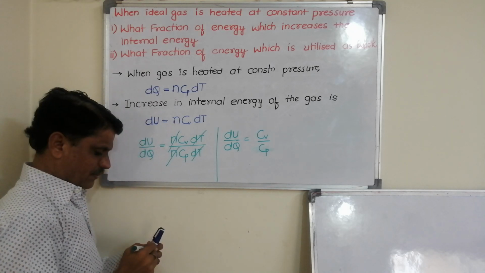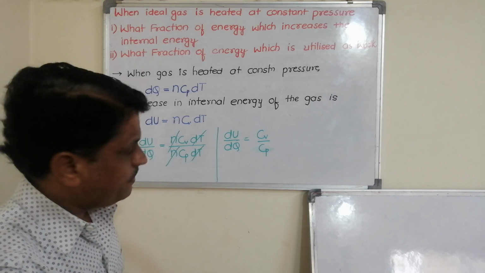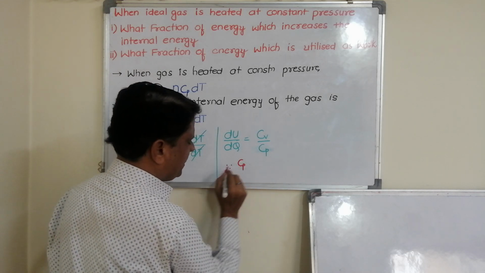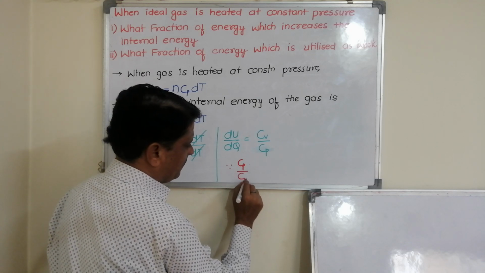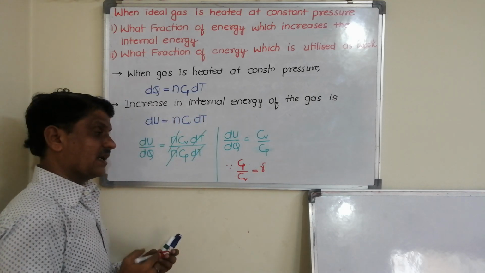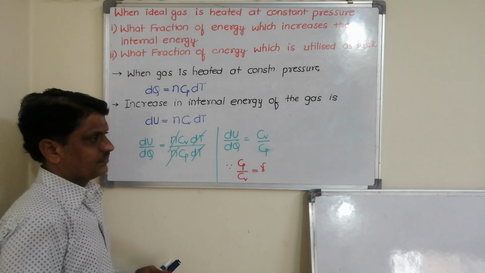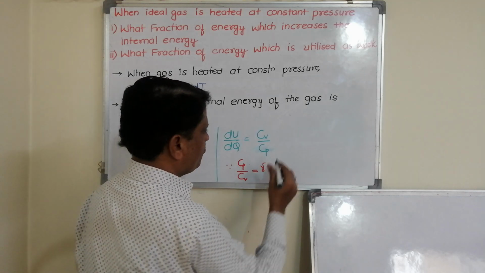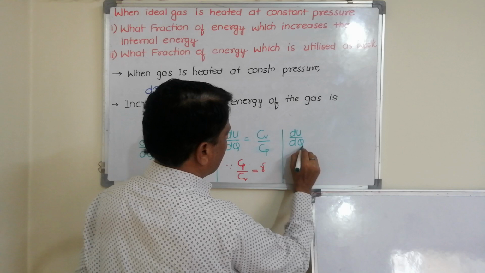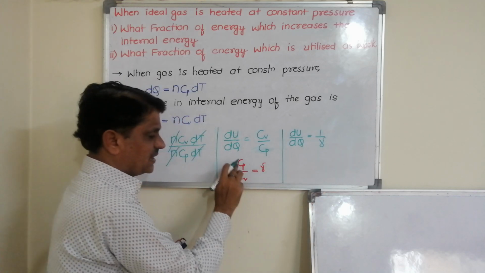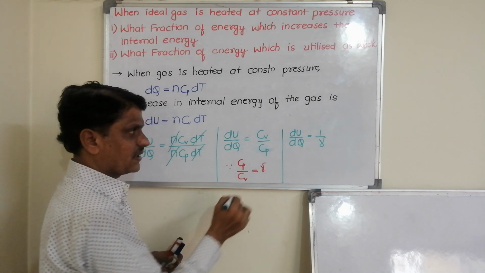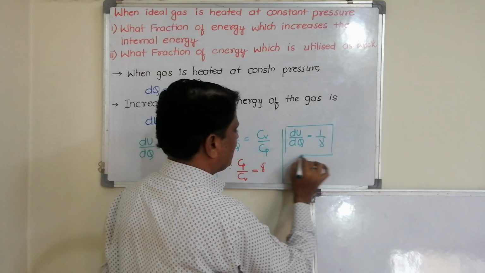Since we know that specific heat at constant pressure divided by specific heat at constant volume, Cp by Cv, is nothing but gamma, the ratio of specific heats, Cv divided by Cp means 1 by gamma. Hence dU by dQ is equal to 1 by gamma. So this is our final expression.